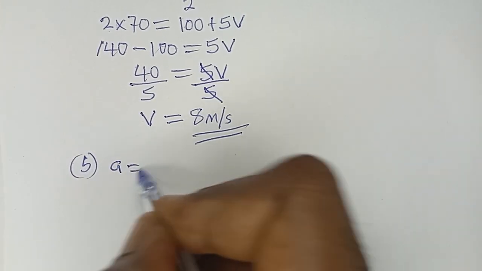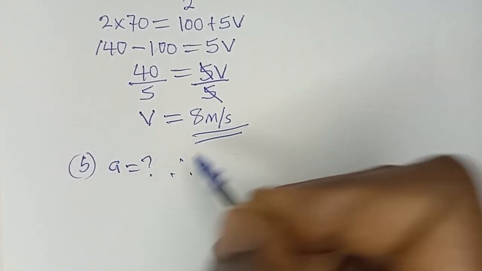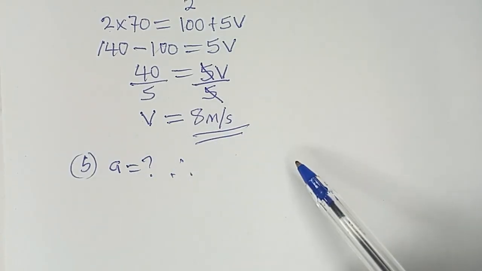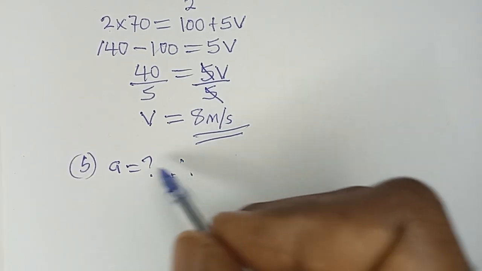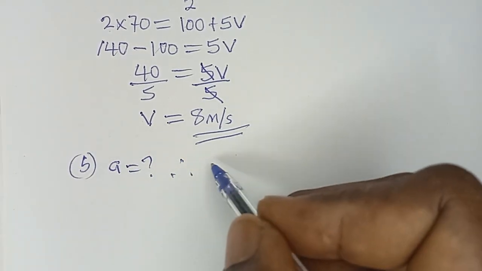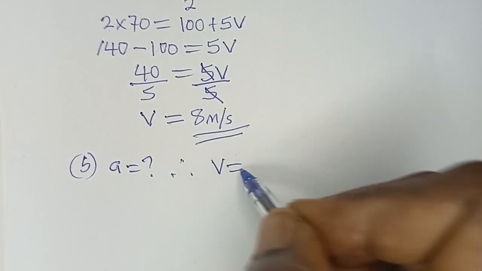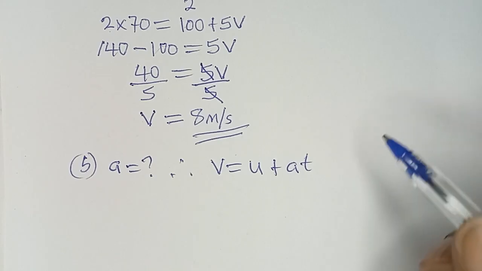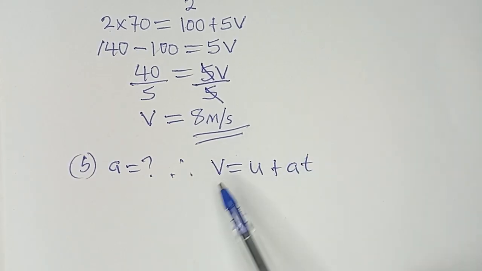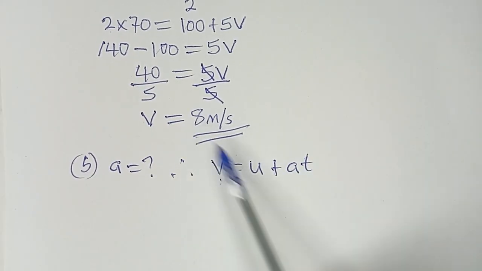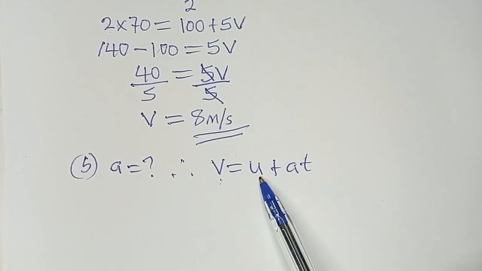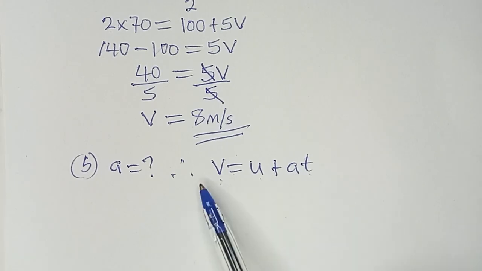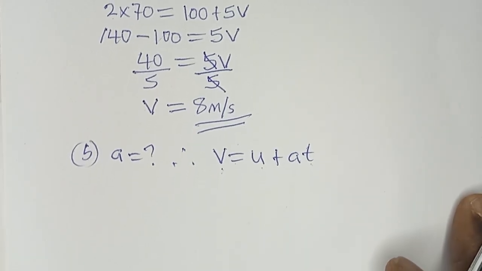And then we are going to take a formula that contains the letter A along with other parameters that we know. So you agree with me that the formula V is equal to U plus AT will work in this case, because we know the value of V as 8, we know the value of U from the question as 20, we know the time as 5 seconds, and we are looking for the value of A. So this formula will work perfectly for us.